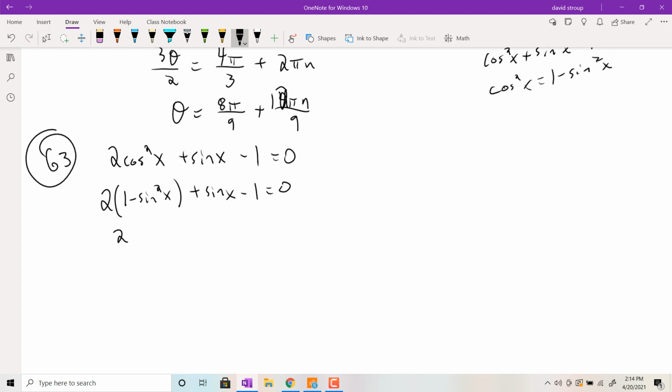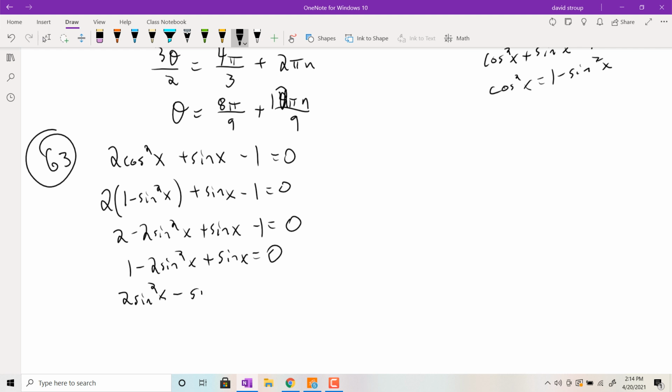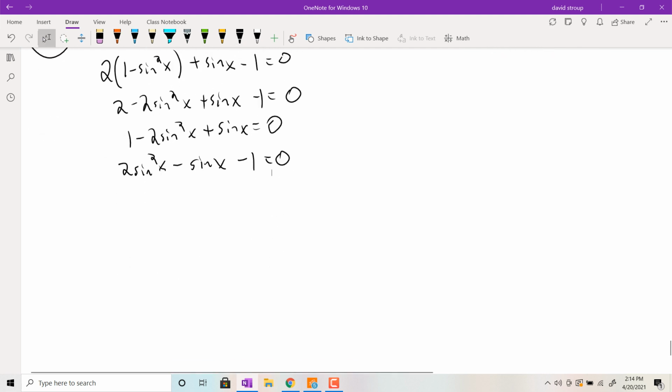So what do I have? 2 minus 2 sine squared. I want the leading term, the sine squared, to be positive. So you just multiply everything by -1 or move it all to the other side. And then it's a quadratic type, right?